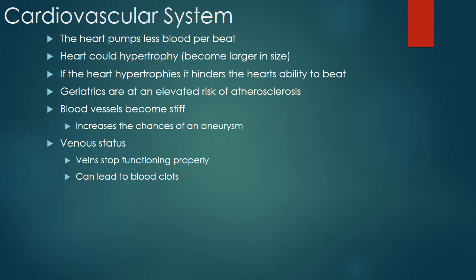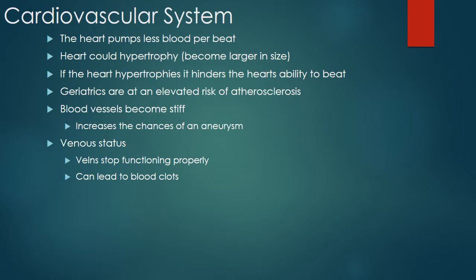The heart is less able to pump blood as you progress in age, and the heart has a chance to hypertrophy, which just means it becomes larger in size. The chest cavity is already a very tight space, so when the heart becomes larger, it has less room to move around, which means it has less ability to pump blood.